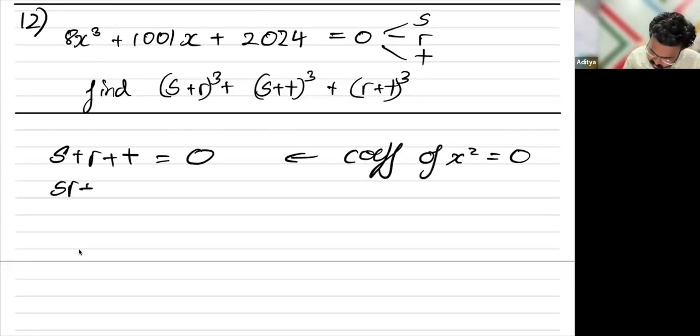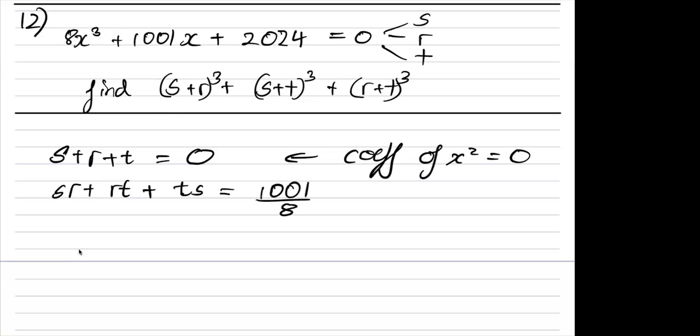Then SR plus RT plus ST, I'll write T everywhere with this stylized form, is equal to 1001 upon 8.